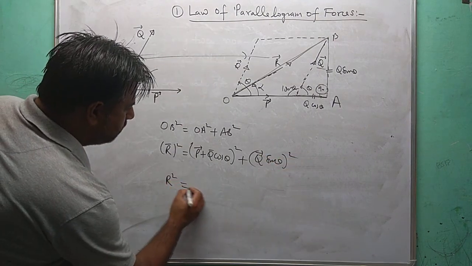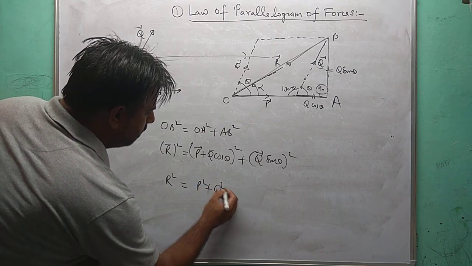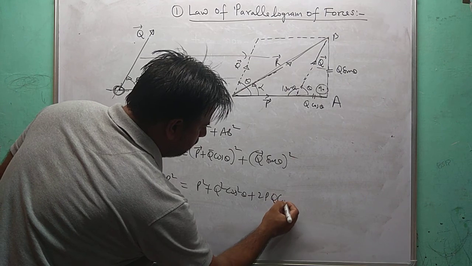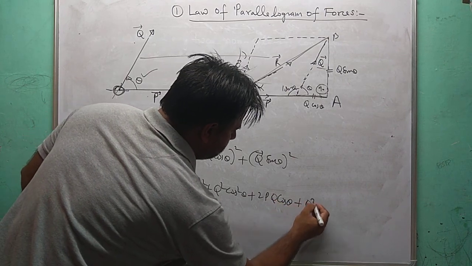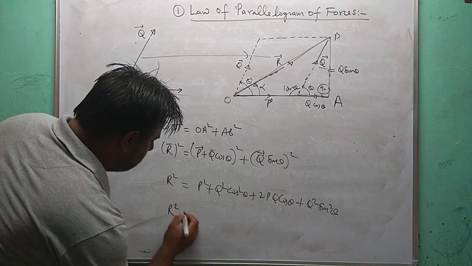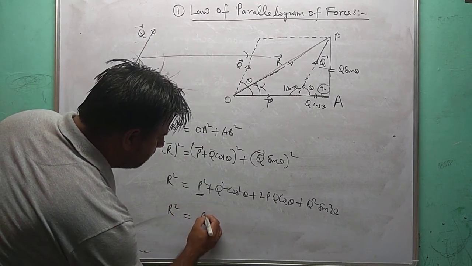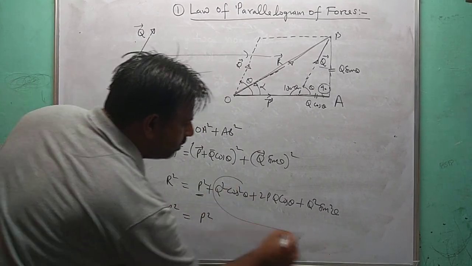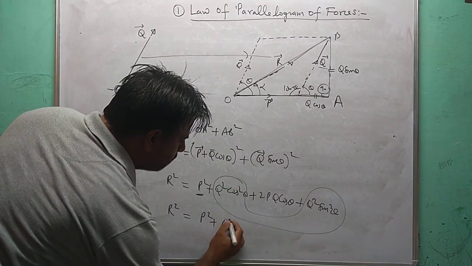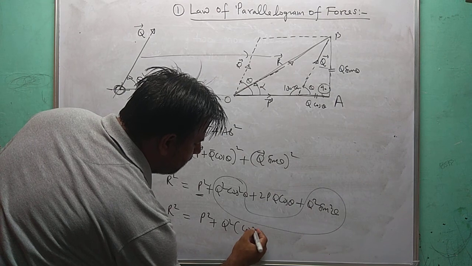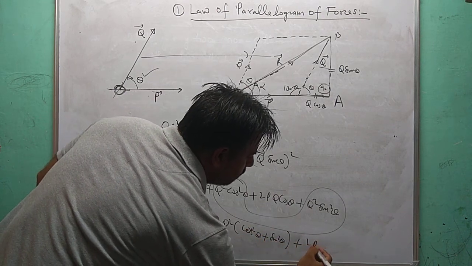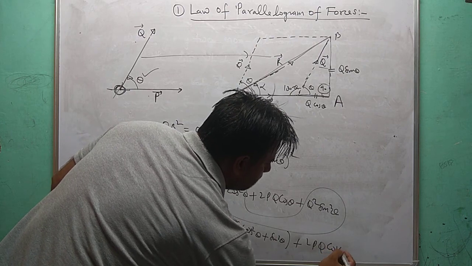So R square is equal to P square plus Q square cos square theta plus 2PQ cos theta plus Q square sin square theta. So R square is equal to P square, and the combination of these two you will get Q square times cos square theta plus sin square theta, plus 2PQ cos theta.